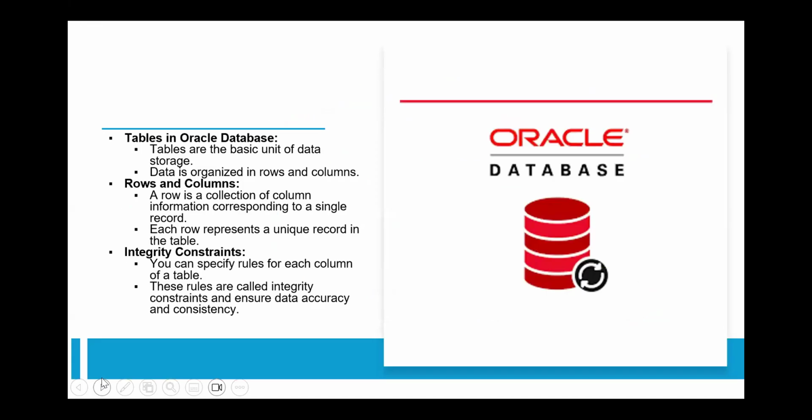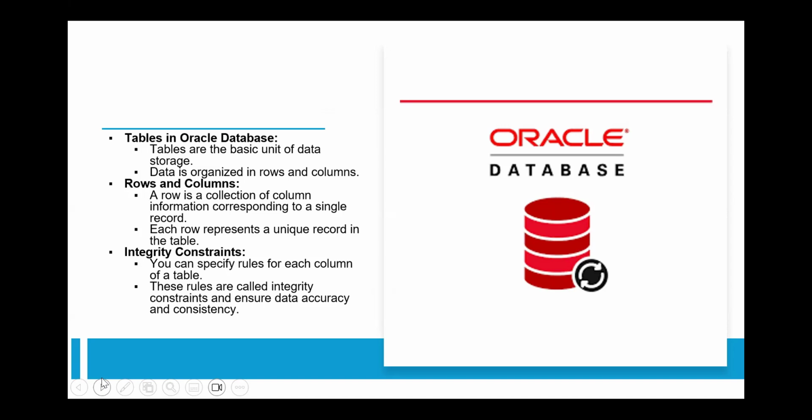Okay. One of the largest and the most used databases today is the Oracle database. And if you were to look at Oracle databases, also the structure is exactly the same. The tables exist in a database. The tables are the basic unit of data storage, and data is organized in rows and columns within every table.